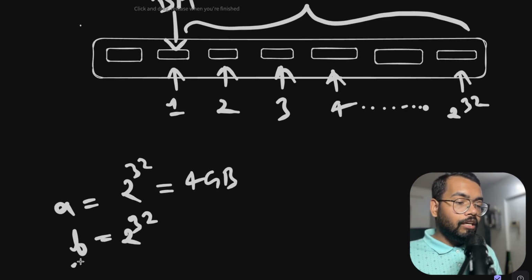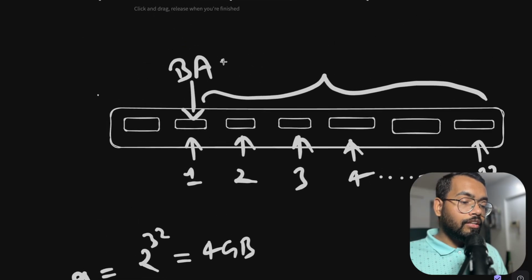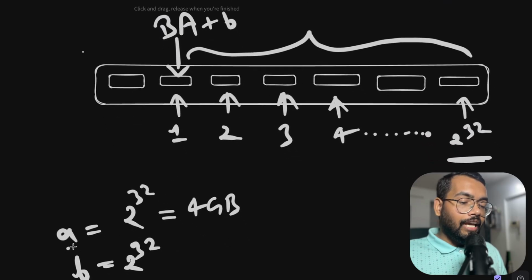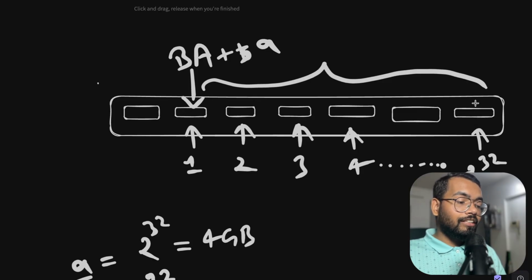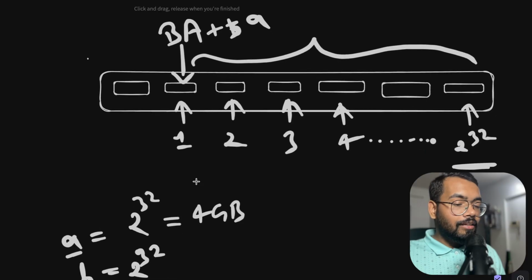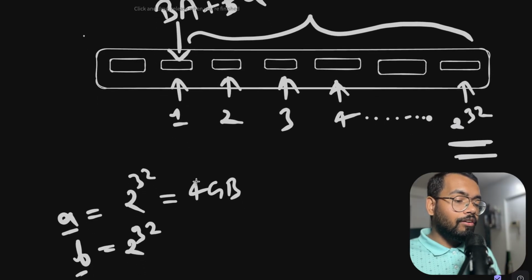We will take B and add it to the base address, and it will give us the ending address. That's all it will do. Then we take A and add it to the base address. That also gives us 2 raised to the power 32, this ending bit, this maximum limit. So at the end of the day, we can only have 4 GBs of storage available to us.